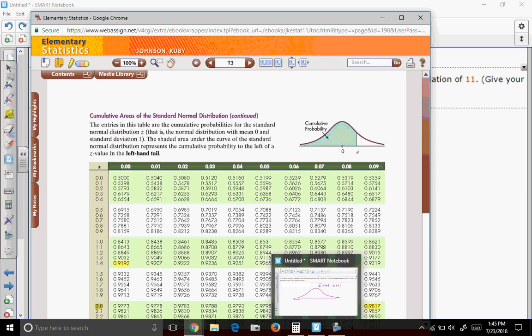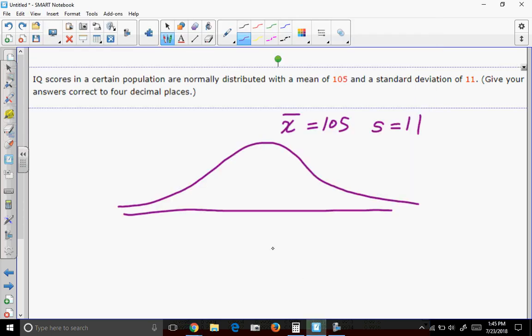But we don't want to have a different chart for every different problem. This problem has a mean of 105. If we look at a different population that has a mean of 103, we don't want to have another table. So what we do is standardize it.